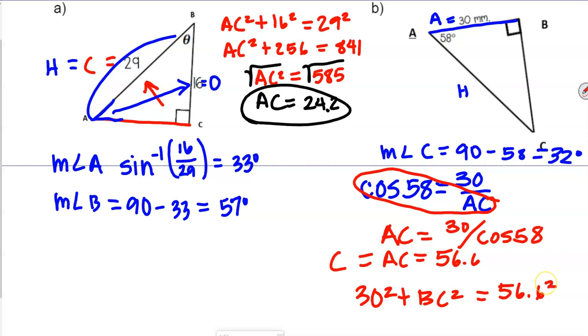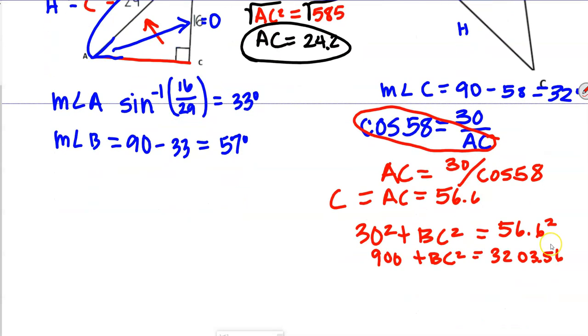And so when I do that, remember that's also squared over there, so this is 900 plus BC squared equals, I got 3203.56. Remember, again, we're going to subtract the 900. So that's going to give us that BC squared is equal to 2303.56.